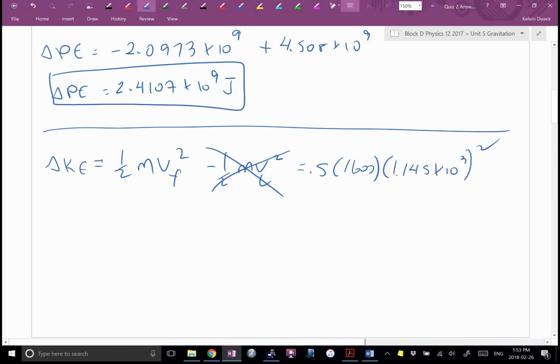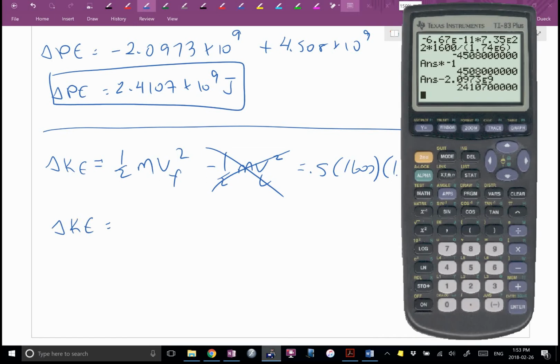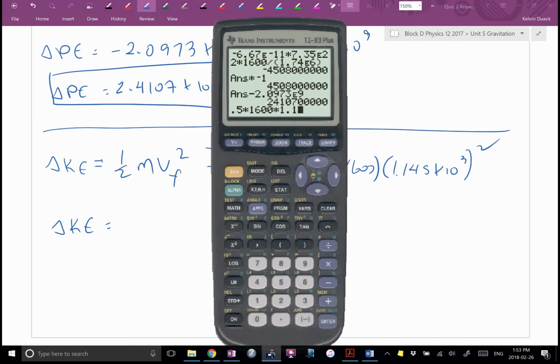Don't forget the squared. I get a change in kinetic of 1.04882 times 10 to the 9th.